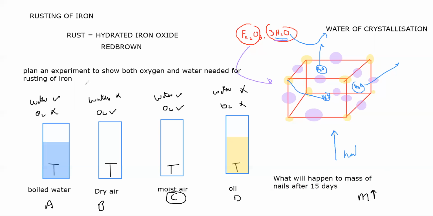So this experiment shows that for rusting, both oxygen and water are essential. If even one of them is not there, the mass will not increase. If the layer of rust forms, why does the strength of the material decrease?